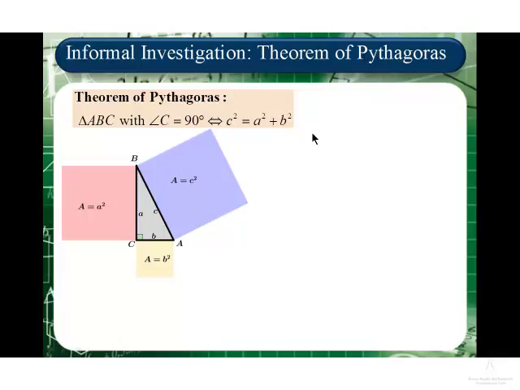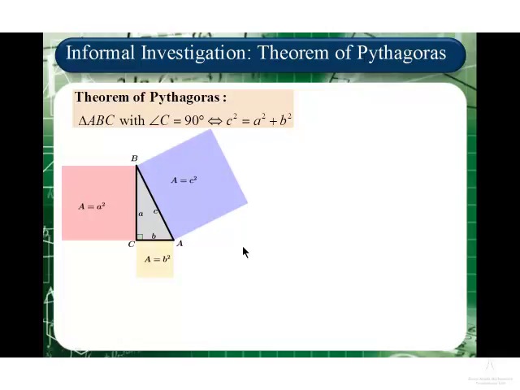This is exactly what I'm stating here. Can you see that? So the theorem of Pythagoras can be interpreted as the sum of two areas corresponding to a third area. That is, the sum of the areas of the squares on the sides linked to the right angle C is exactly the area of the square on the hypotenuse side.